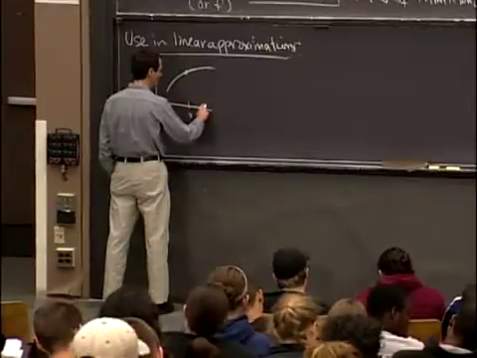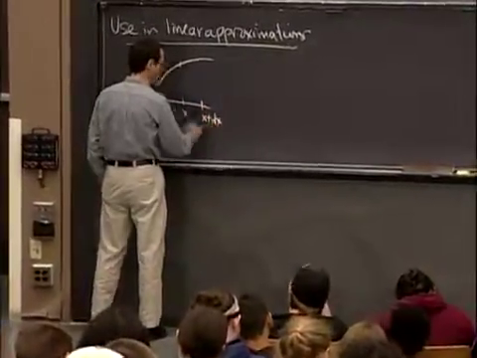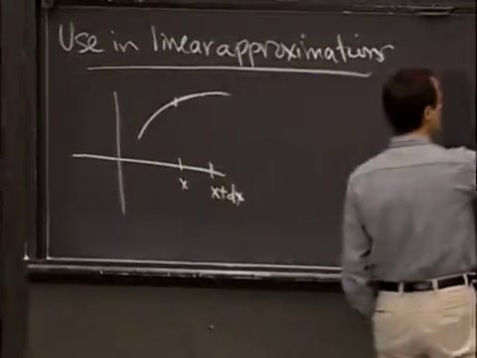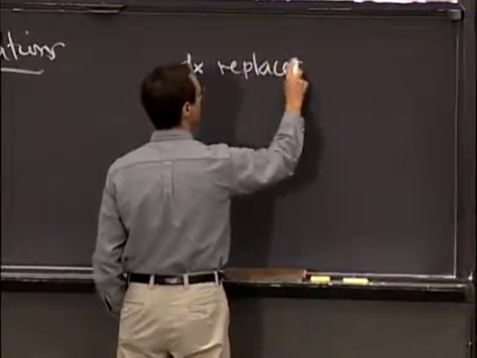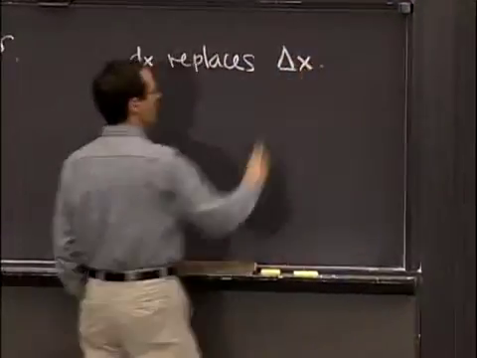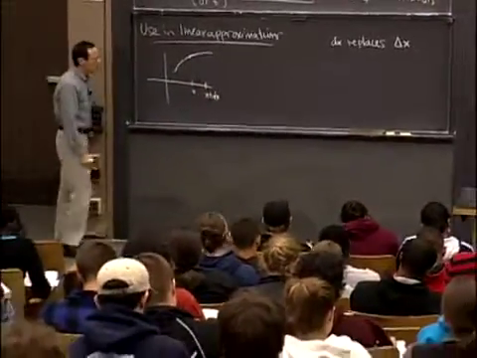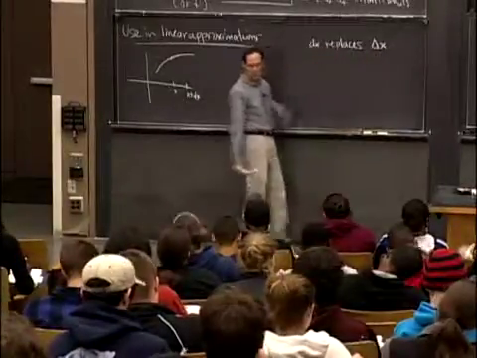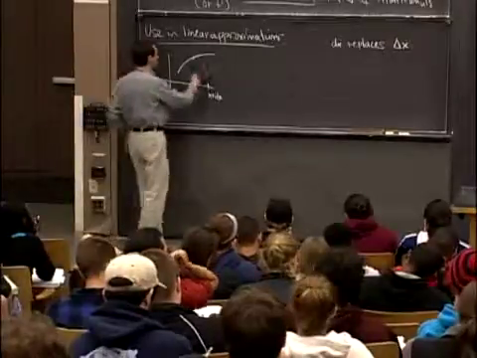And we go forward a little increment to a place which is dx further along. The idea of this notation is that dx is going to replace the symbol delta x, which is the change in x. And we won't think too hard about what it means for this to be a small quantity.